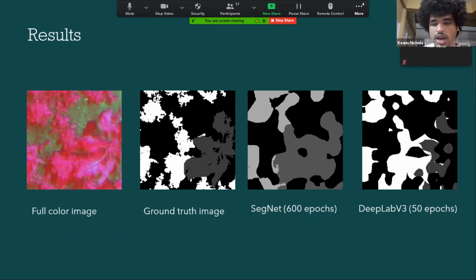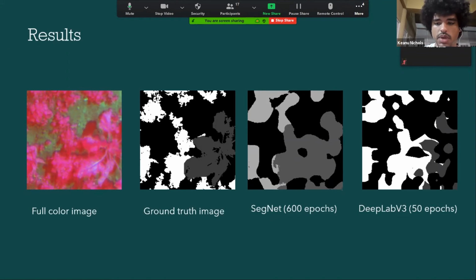Today I was trying to increase the number of epochs and see what kind of difference we get. But it appears so far that SegNet is performing well. I still need to go through the overall results after training for a number of epochs and make sure it's being trained well.